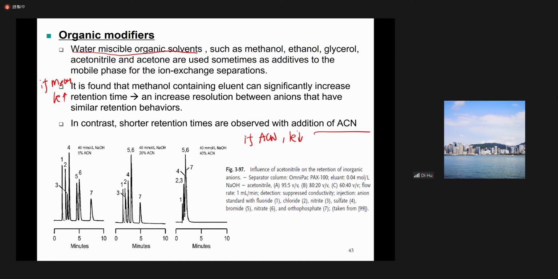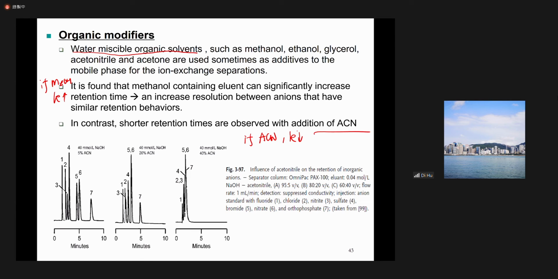Maybe solvents can affect a variety of parameters related to the separation process, such as altering the affinity of organic ions to the stationary phase, or altering the degree of complexation if you're dealing with transition metals, or it may change the degree of ionization of weak acidic and basic ions, either in the mobile phase or stationary phase.